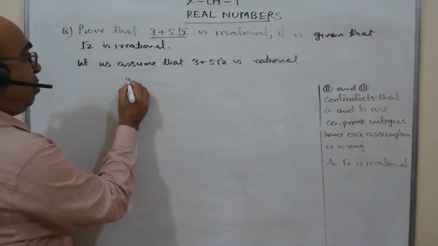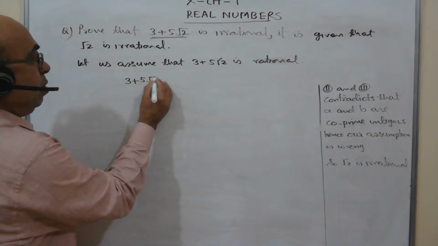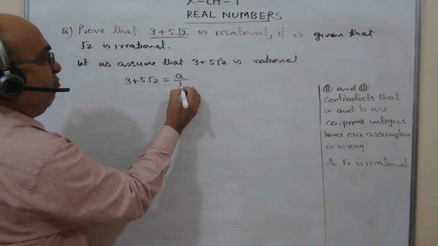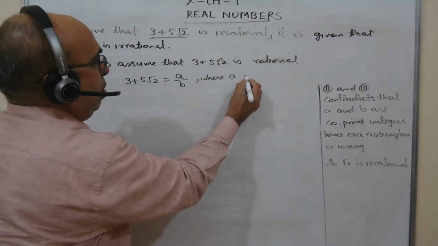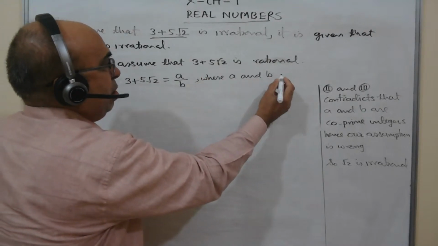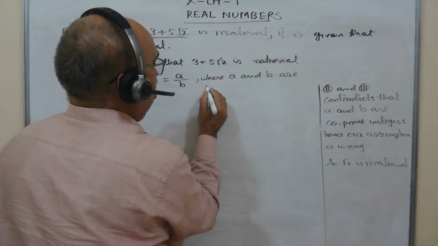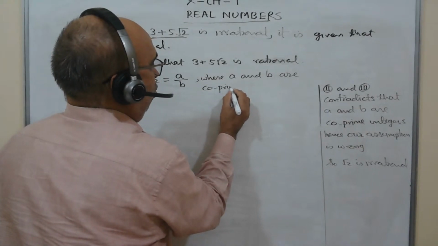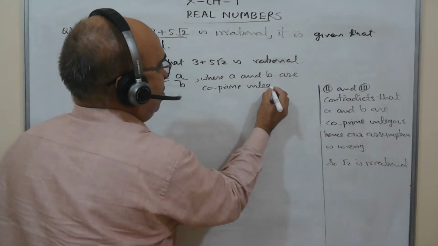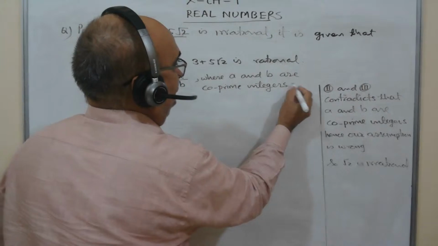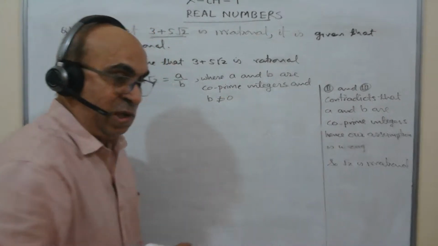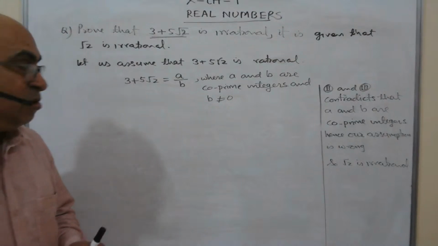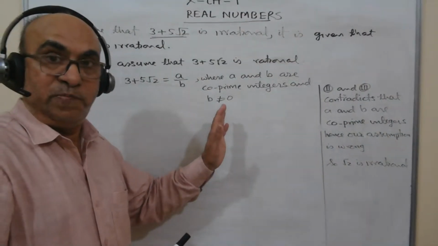And all rational numbers can be written in the form of a by b fraction where a and b are co-prime integers and b is not equal to 0 because the denominator never equals 0.